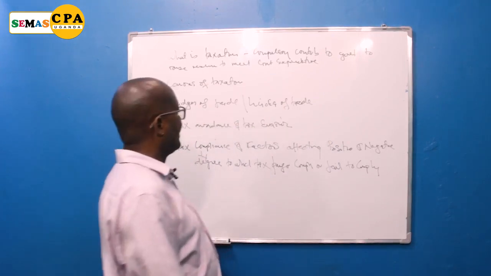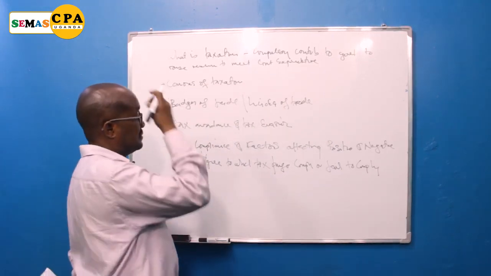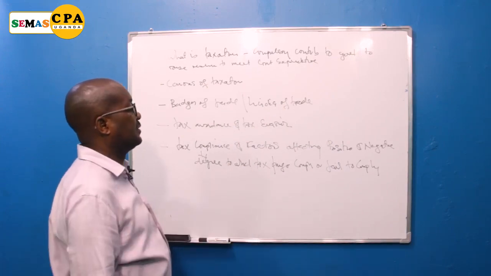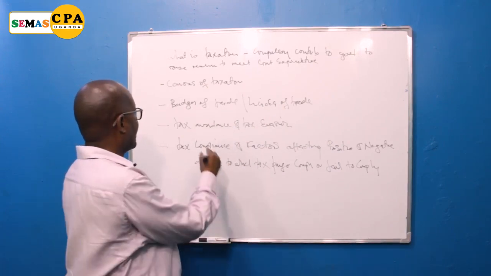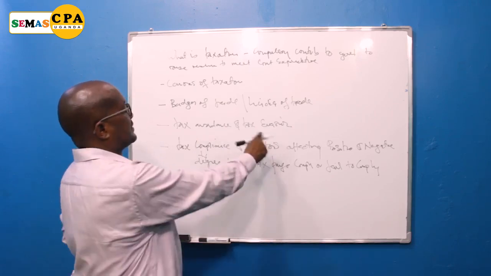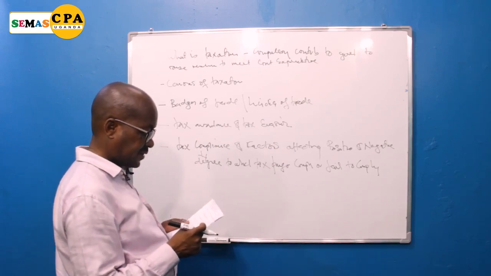Some people comply and pay taxes, they have their own reasons, and you need to know them. Some people don't pay taxes and they have their own reasons why they don't pay. So tax compliance can be high, average, or low, depending on the factors. Are we there? That's very important to know.